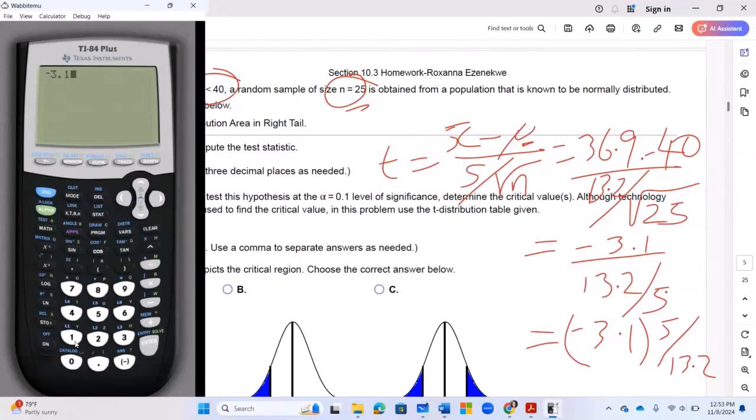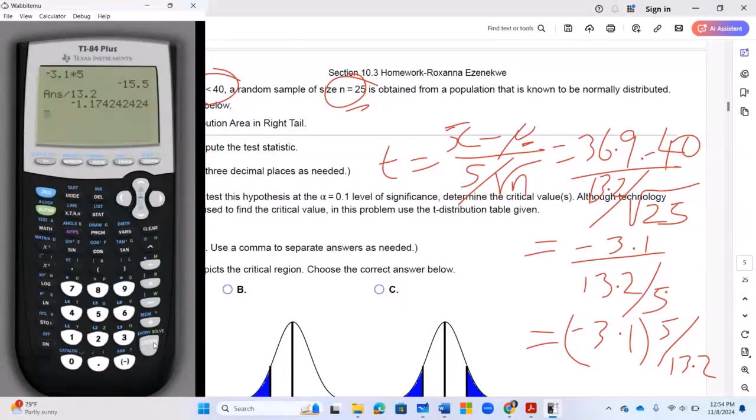So I'm typing it over, negative 3.1 multiplied by 5, and then I have negative 15.5. All right. Then I'm going to divide this quantity by 13.2. And I have negative 1.17 to 2 decimal places.